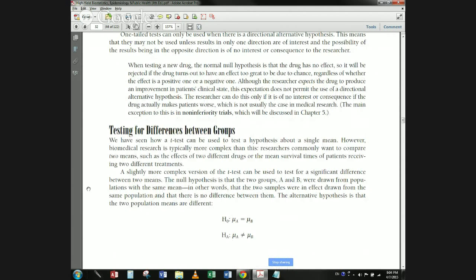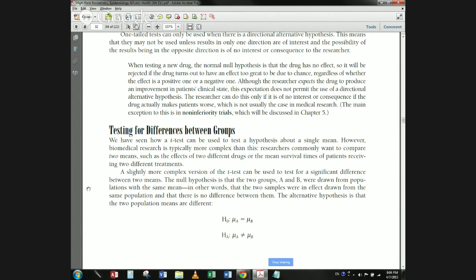One-tailed tests can only be used when there is a directional alternative hypothesis. This means that they may not be used unless results in only one direction are of interest, and the possibility of the results being in the opposite direction is of no interest or consequence to the researcher.